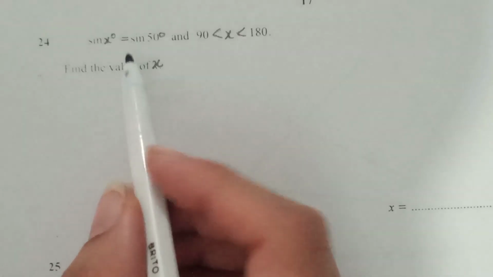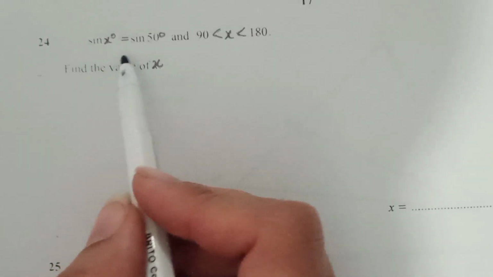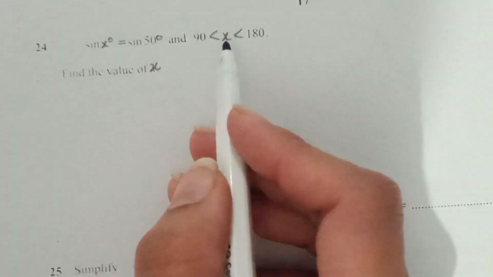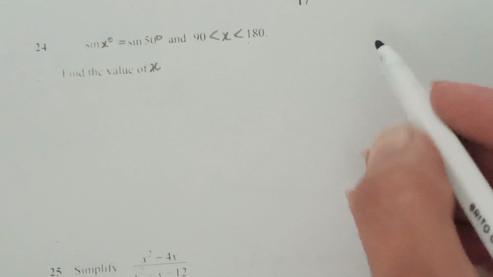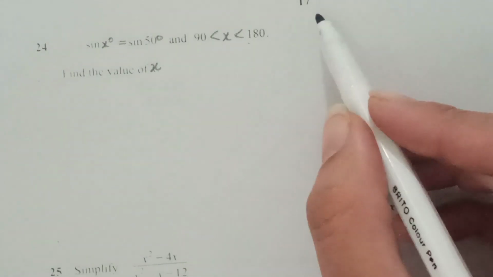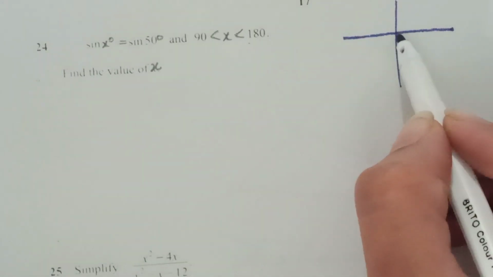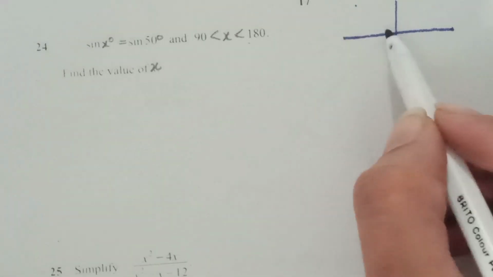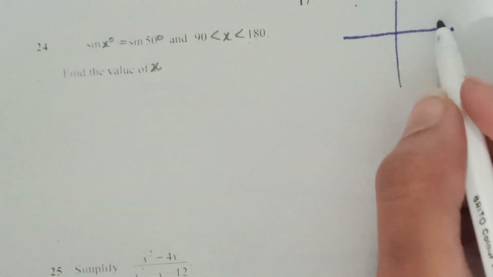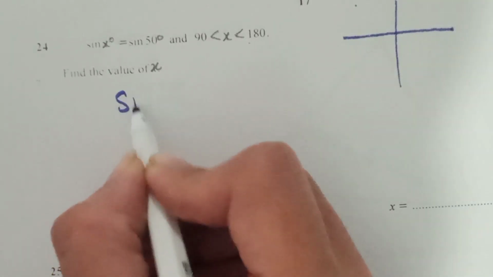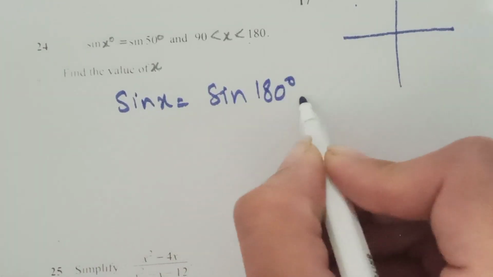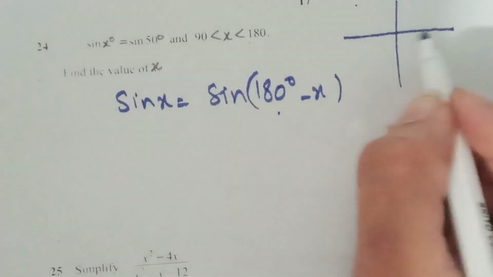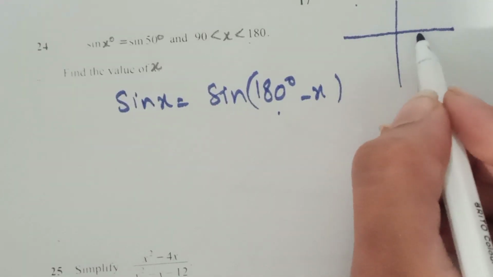Now students, question number 24. Sin x is equal to sin 50 and x is greater than 90 and less than 180. It means that the sine lies in the second quadrant. The value of sine lies in this quadrant and the 50 is there. It means sin x is equal to sin of 180 minus x, the total line is 180 and we have to subtract the x.